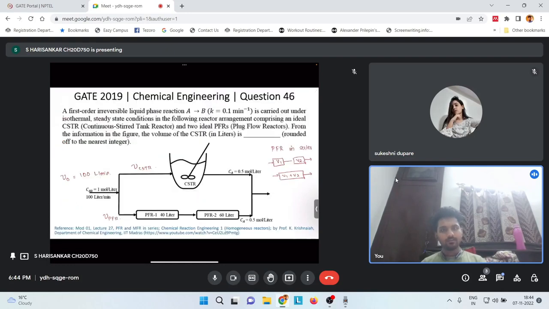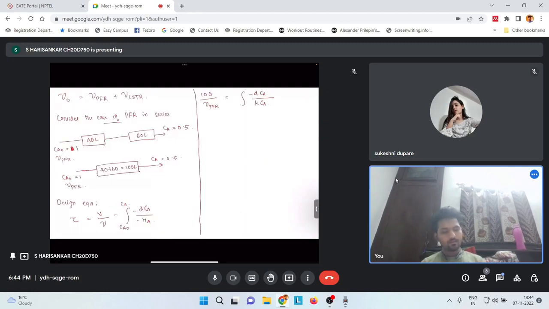So the reaction is A gives B, and the reaction rate minus RA will be KCA in both the cases. So we'll write that here, KCA from CA0, that is 1, to CA, that is 0.5. And K is also given as 0.1 minute inverse.